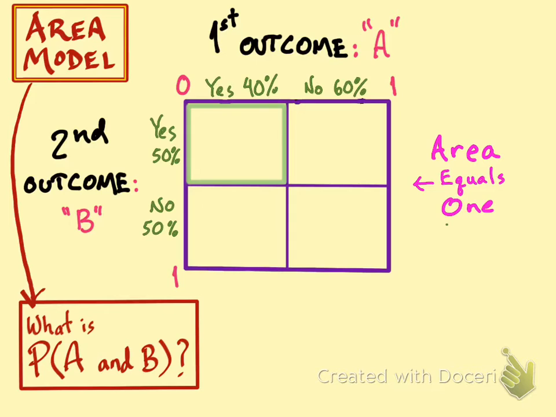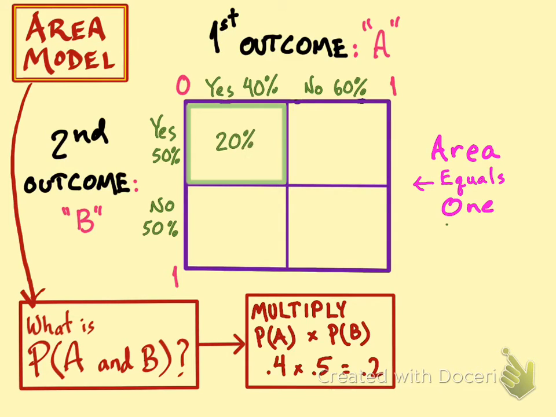So the probability of A and B both being yes would be represented in that cell. It's easy to find the dimensions of that cell by multiplying the probability of A times the probability of B, which is 0.4 times 0.5, that equals 0.2, and that's a 20% chance. So there's a 20% chance of A and B happening at the same time.